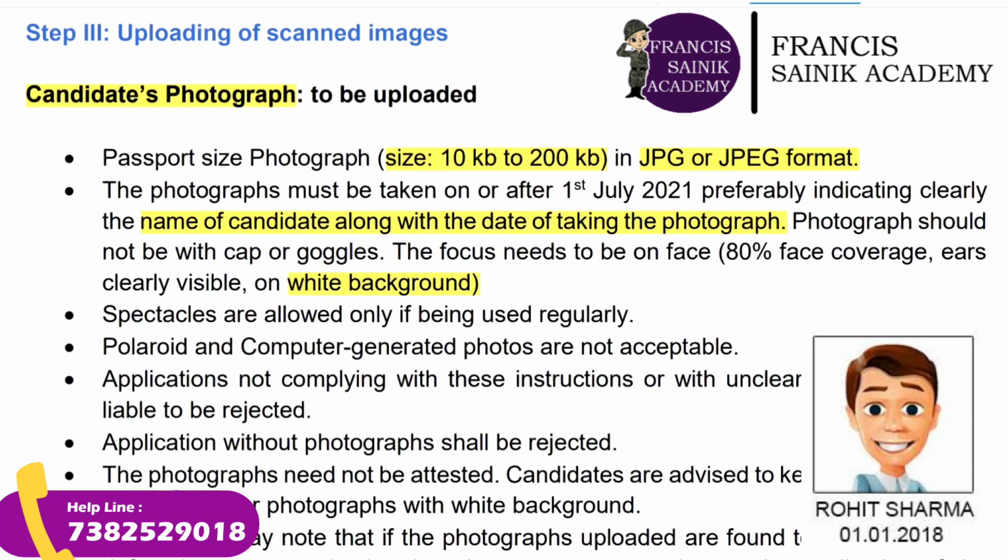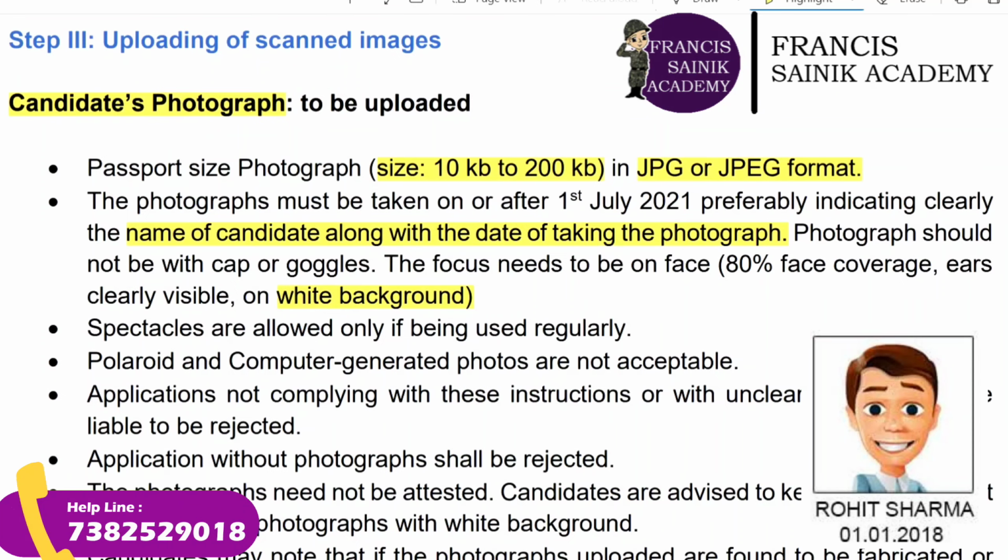These two things have to be mentioned. I have given you an example on the screen. There should not be any colored backgrounds. It should be a recent photograph, on or after July 2021.